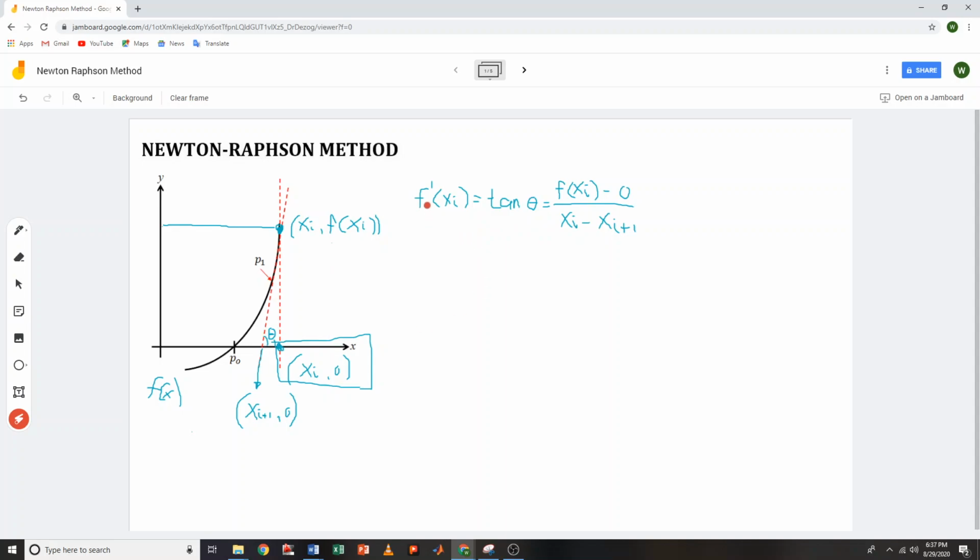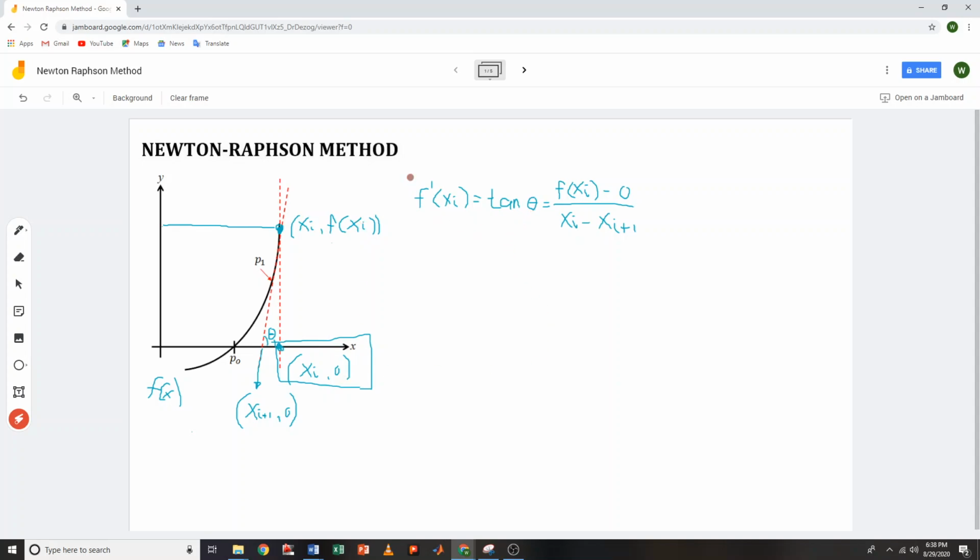We have f prime of x i equal to tangent theta, which is equal to, for example, if this is point 2 and this is point 1, the change in y over the change in x.